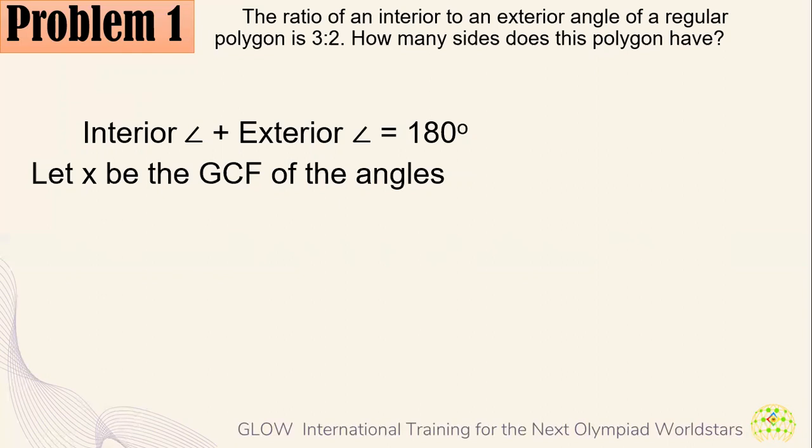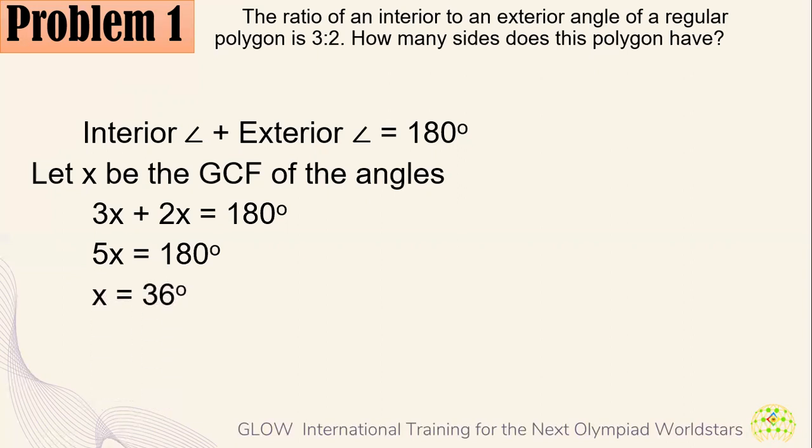And so the interior angle will be represented by 3x, and the exterior angle is 2x. Anyway, 3x is to 2x is still 3:2, and their sum is 180. So we have 3x plus 2x equals 180 degrees, and that gives us 5x equals 180 degrees. Dividing both sides by 5, 180 divided by 5, you will get 36. Hence, the GCF is 36.